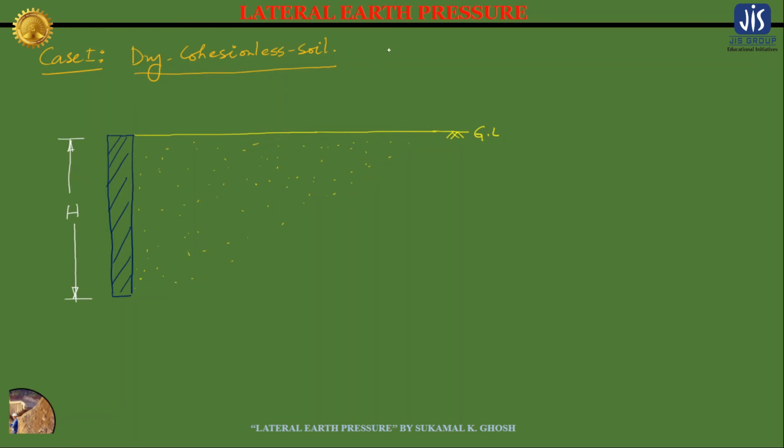Okay. So, the height of the sheet pile is h and the unit weight of this dry cohesionless soil is gamma. Okay. The unit weight of the soil is gamma. Okay.